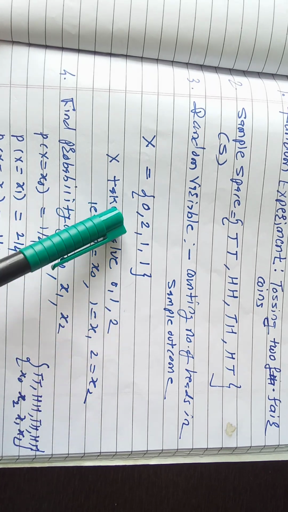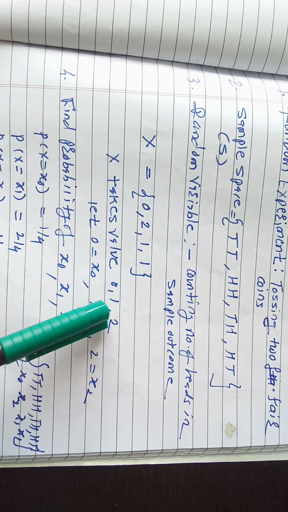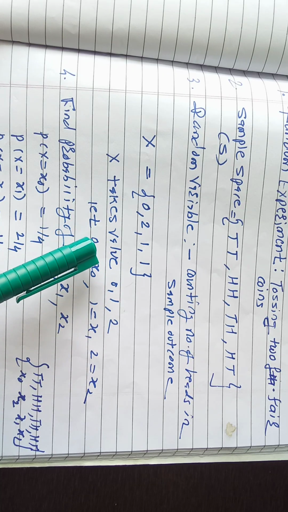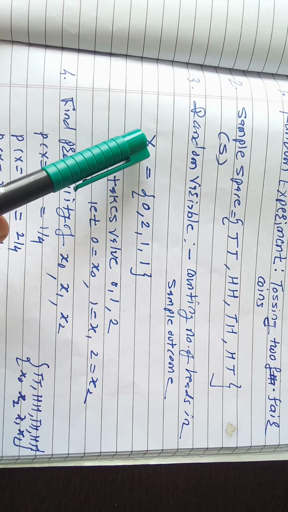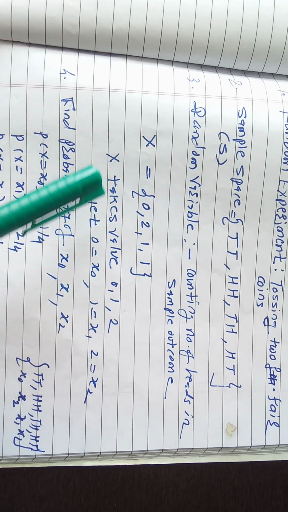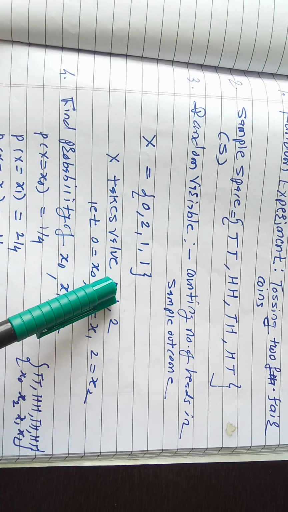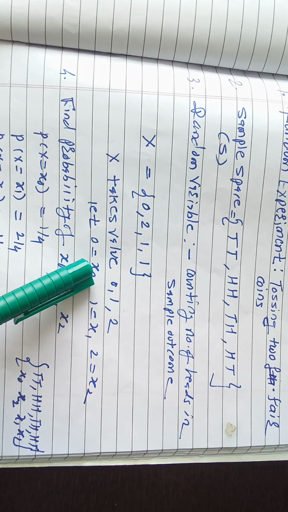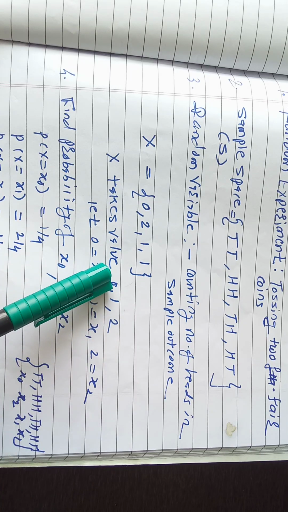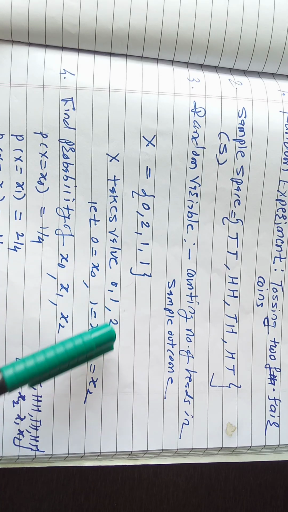After that you have to assign alphabets to these values as per the variable. If you have taken y, then you take y naught. Here we have taken x, so the first value is x naught, then 1 is x1, 2 is x2.